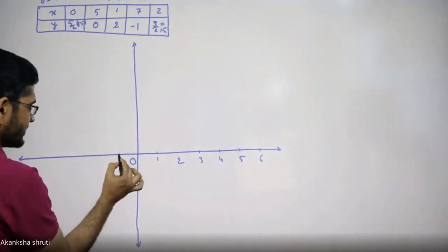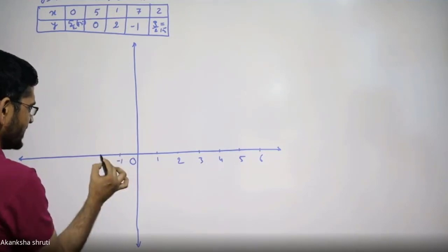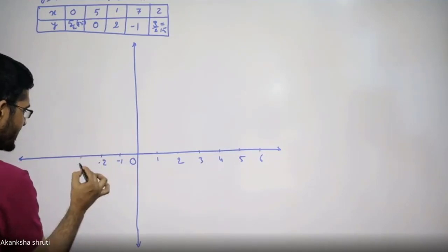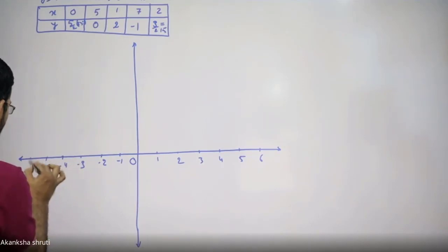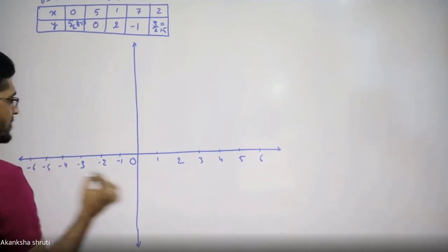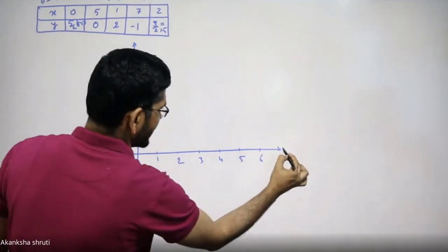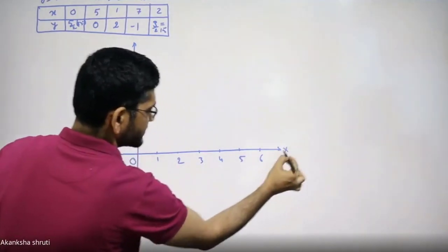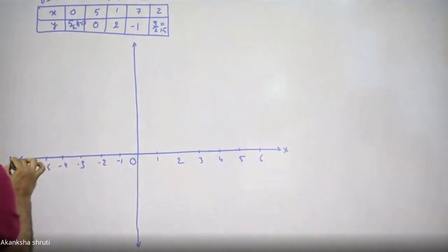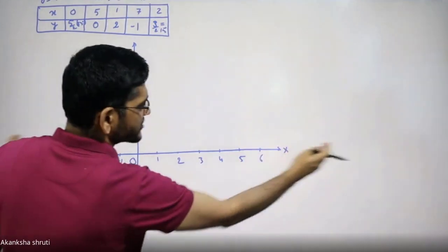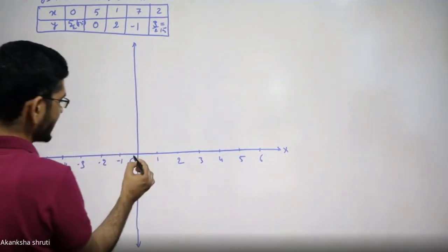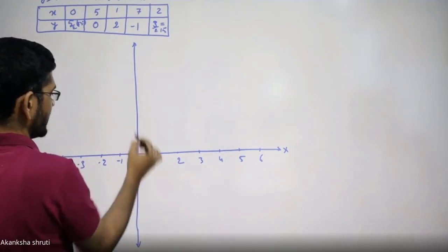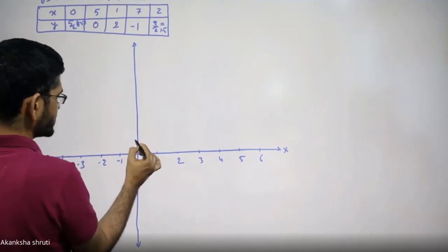On this negative x-axis, choose this as minus 1, minus 2, minus 3, minus 4, minus 5, minus 6, and so on. This horizontal axis is the x-axis, denoted as x on this side and x dash on this side. This arrow indicates it can be extended up to infinity as per our need. Similarly, for this y-axis, above the x-axis, the y value is positive.